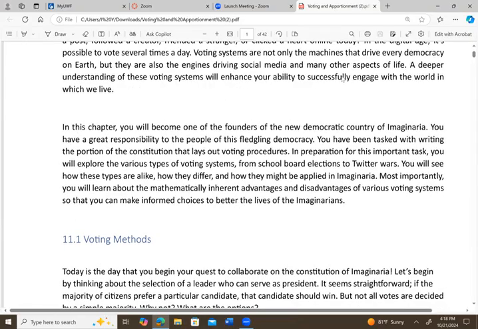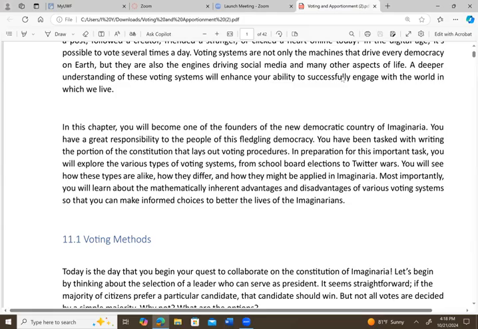So, in this chapter, we'll become one of the founders of a new democratic country, Imaginaria. We have a great responsibility to the people of this fledgling democracy. You've been tasked with writing the portion of the Constitution that lays out voting procedures. In preparation for this important task, you will explore the various types of voting systems, from school board elections to Twitter wars.